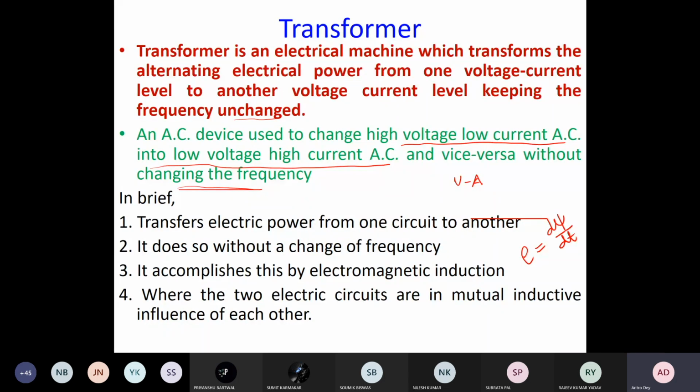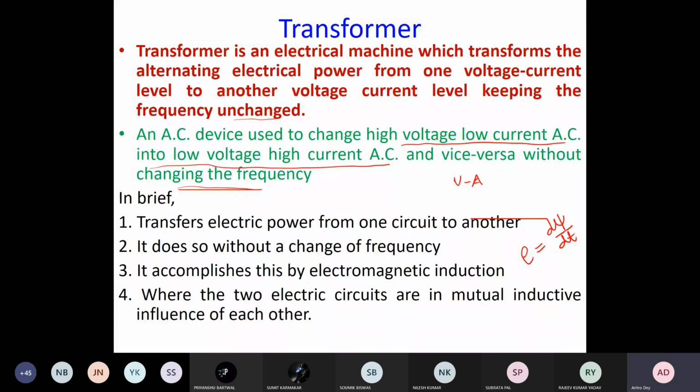If you assume a linear relationship, say of unity slope, usually it will be B equal to mu into H. So if you take that linear relationship, then you can change your mu, with which you can increase your flux density, and this is how you can improve your secondary induced EMF.